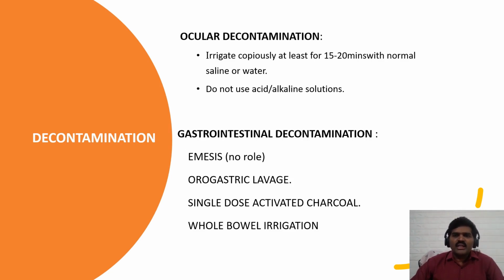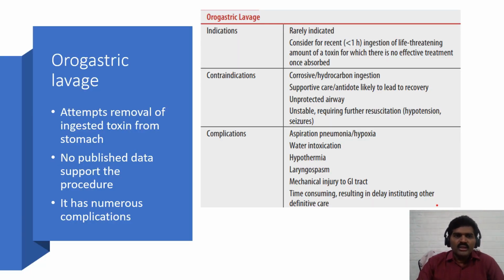Gastrointestinal decontamination can be achieved by emesis, but there is no role in the EDs. Emesis can be cautiously induced in the peripheries where facilities are not available. Orogastric lavage is gradually declining. Single dose activated charcoal, whole bowel irrigation, or forced alkaline diuresis can be used.